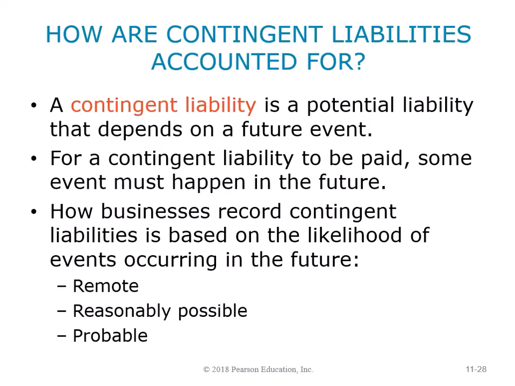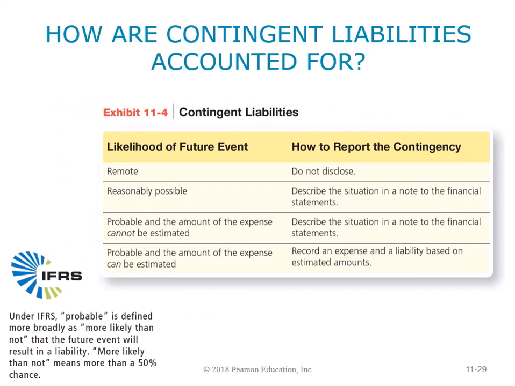Now, for GAAP purposes, that's generally accepted accounting principle purposes, we are going to have to look at the likelihood that we're going to have to pay, and we're going to have to classify it between remote, reasonably possible, and probable. And that distinction is going to determine how we report it from an accounting and financial reporting standpoint.